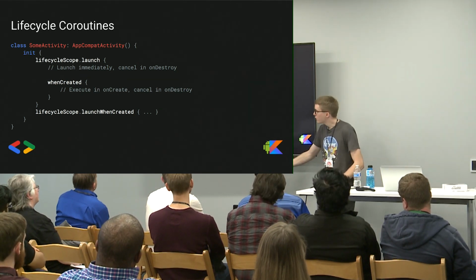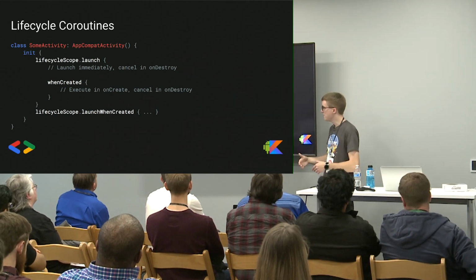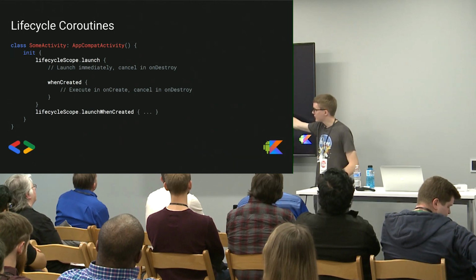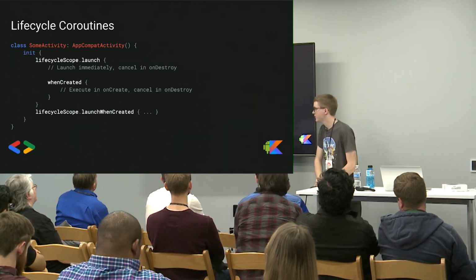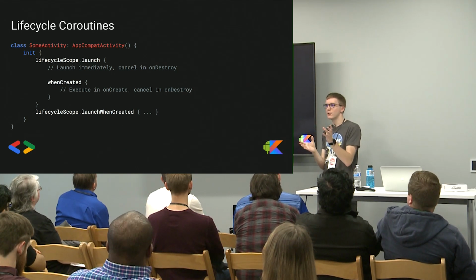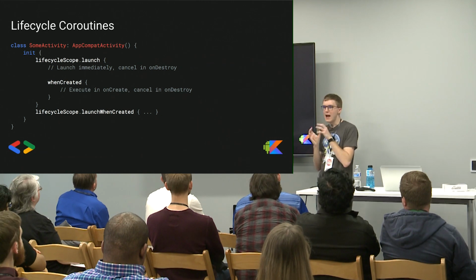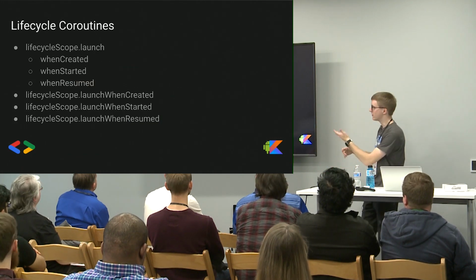For example, you can see here when you launch, it immediately cancels on destroy. But then you have access to either launch when created or when created inside of your lifecycle scope.launch. And that's going to be some kind of background functionality that happens in onCreate but is canceled in onDestroy. But then there's even more.